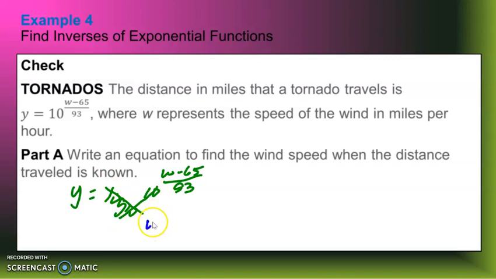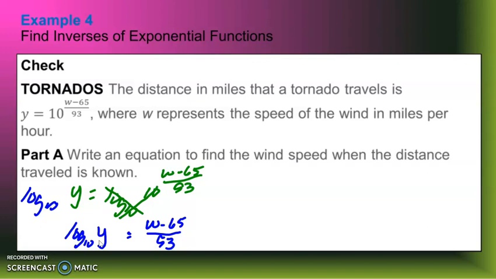So I have now w minus 65 all over 93. This is going to equal, if I multiplied one side by log base 10, I have to multiply this side by log base 10. So now I have log base 10 of y equals w minus 65 over 93.